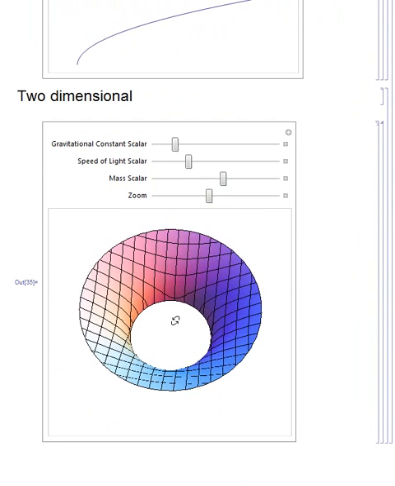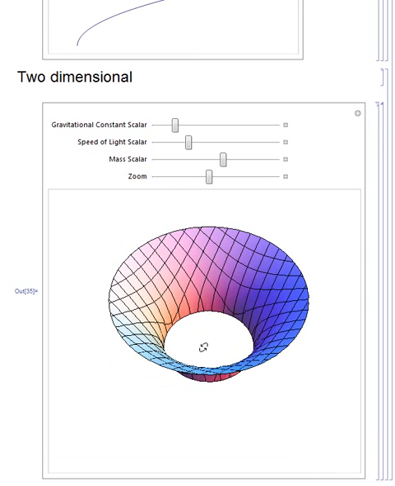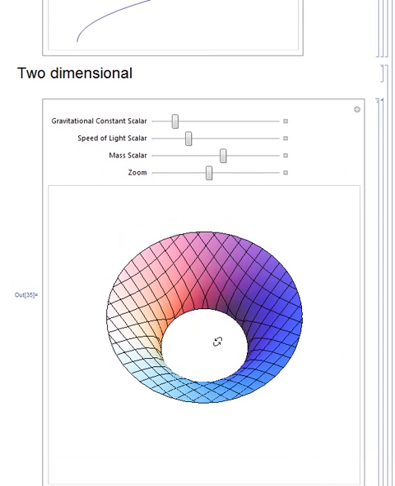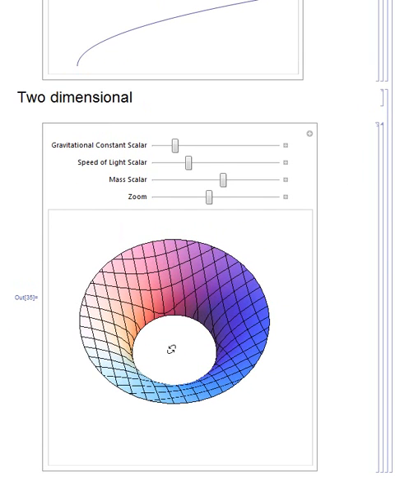Regardless of what the volume of this spherical mass is, it will always create the same curvature outside of its body. So it could be a black hole or Jupiter or some huge sun. If it has the same mass, it will create the same curvature outside of the body.